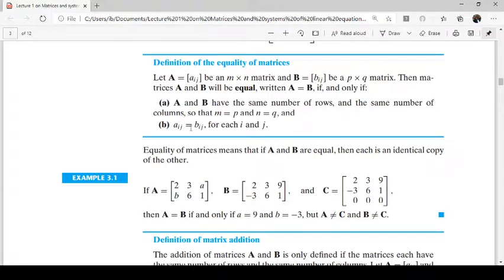The other condition is that aij equals bij for each i and j.